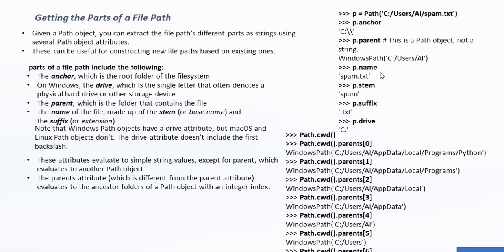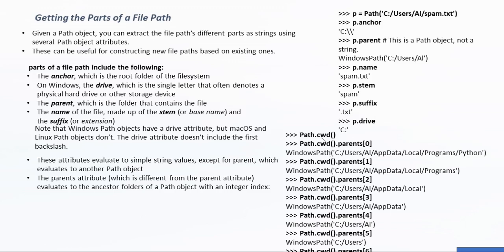If you want to access the name of the file, give p.name. If you want the last part, which we call the stem, give p.stem. If you want the suffix, which is .txt, use p.suffix. If you want to access the drive, that is, which drive this entire path is in, it is the C drive. So I'm able to get parts of my file.